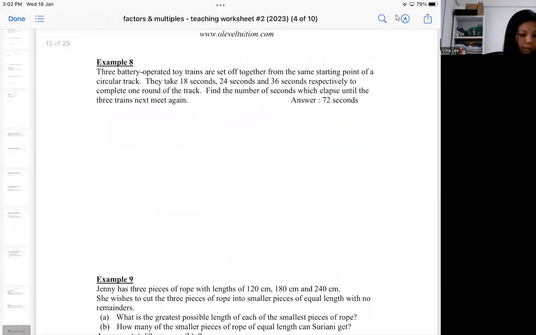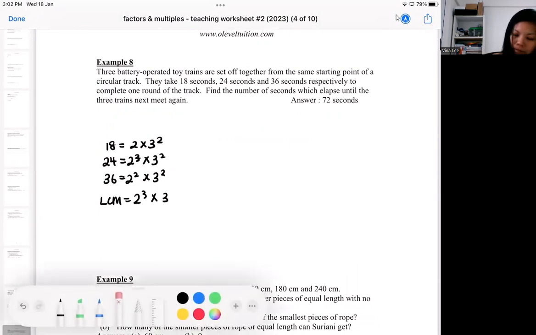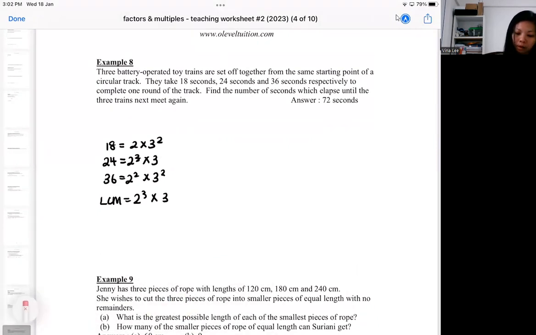Everything disappeared. Okay. So I will start from this part. So do your LCM, get the highest power, and that will be 72.